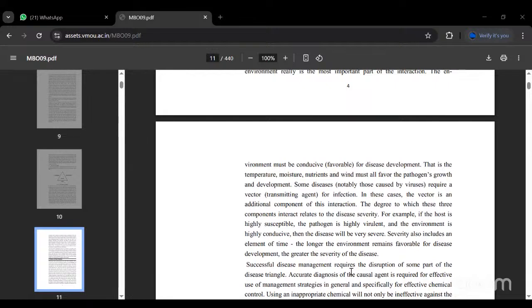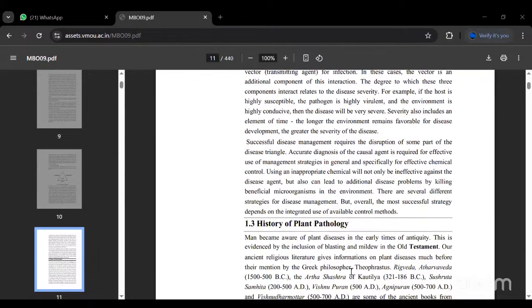The severity also includes an element of time. The longer the environment remains favorable for disease development, the greater the severity of the disease. Successful disease management requires the disruption of some part of the disease triangle.